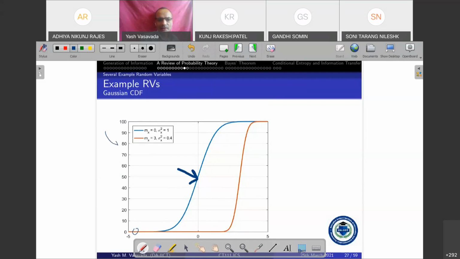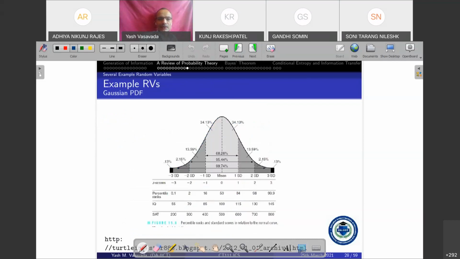By the way, I would put them in percentages. When you multiply 1 by 100, you get a maximum value of 100. But the actual CDF is always between 0 and 1. If you convert it into percentage, it goes from 0 to 100%. So that is one observation.